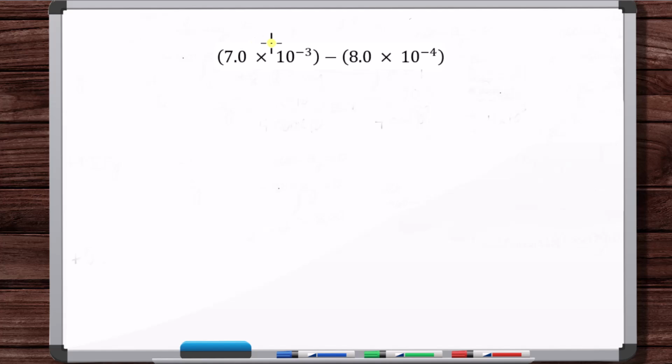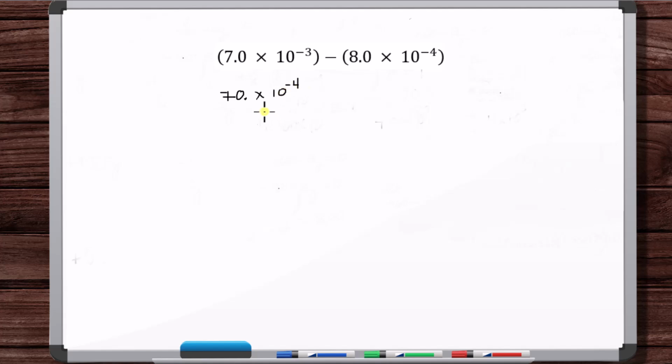So if we convert this to 10 to the minus 4, we would multiply by 10 to the minus 1 to get the 10 to the minus 4, and then times 10 to the 1. So this would be 7 times 10. Well, I've got to do the significant figures. So this would be 70. I want to put a decimal point here.